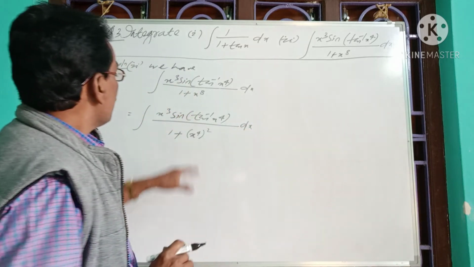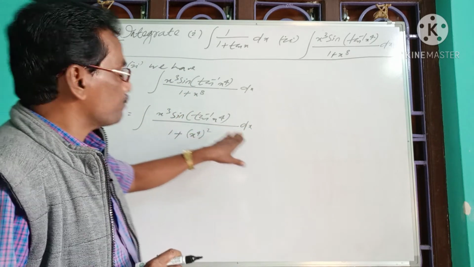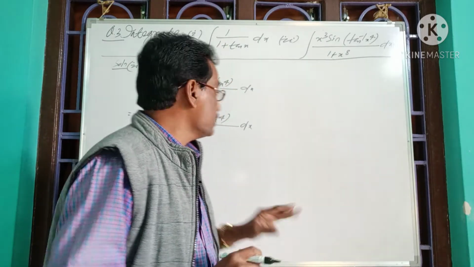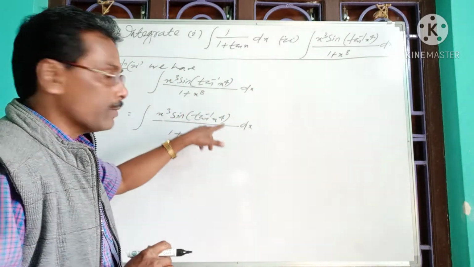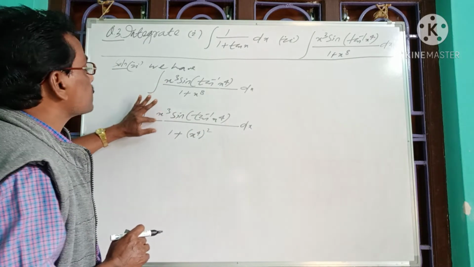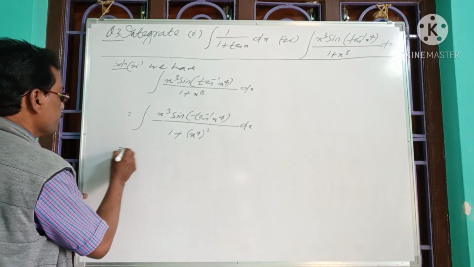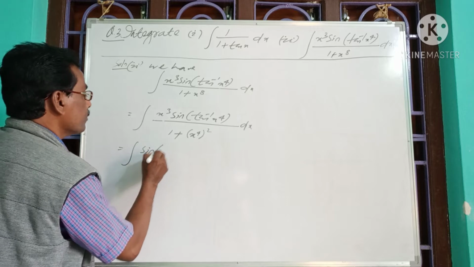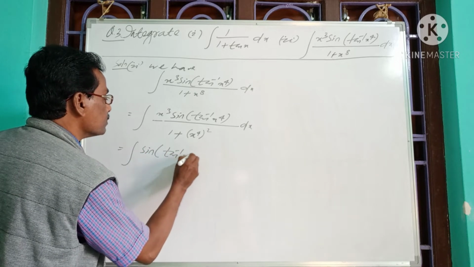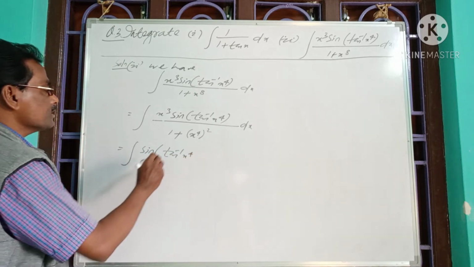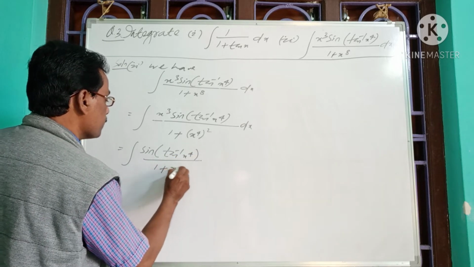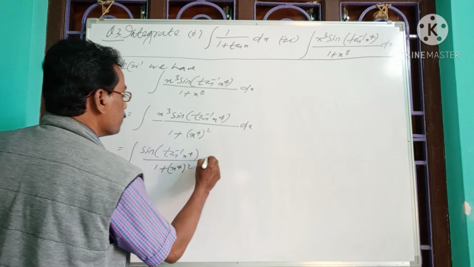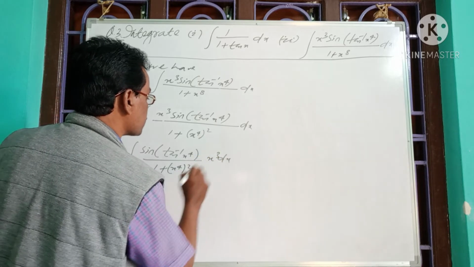Now see, if we substitute x to the power 4 as v and we differentiate it will give us 4 x cube, where the integrand contains the factor x cube. So now transforming x cube with dx, we have integration of sine of tan inverse of x to the power 4 by 1 plus x to the power 4 square into x cube with respect to x.